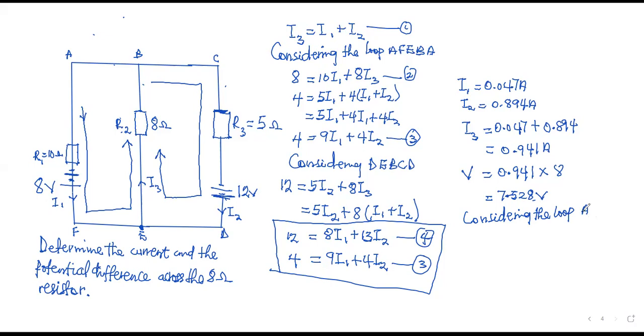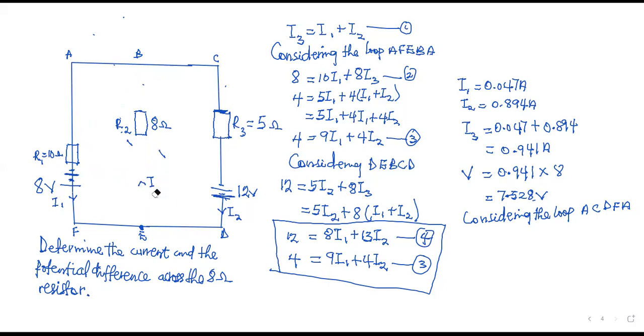A, C, D, F, A. So if we are going clockwise, then the middle loop will not be here. So A, C, so it means we are going this direction.